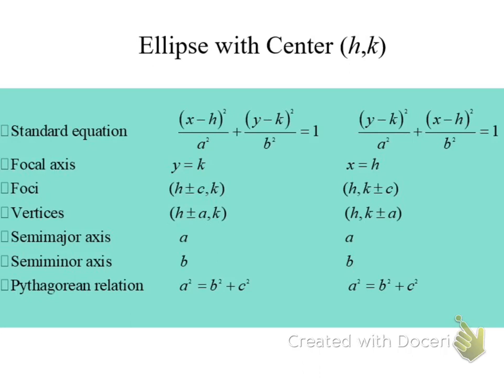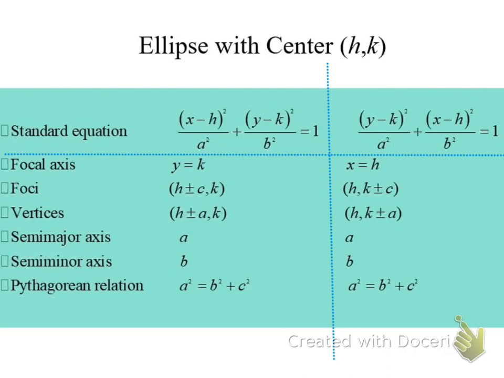With these formulas, I'm going to break them up like I did last week to make this a little bit easier. The standard equation for our ellipse is set equal to 1, and A and B are important.